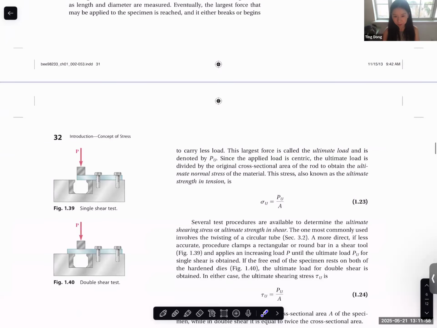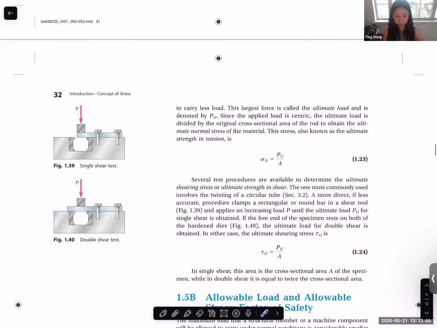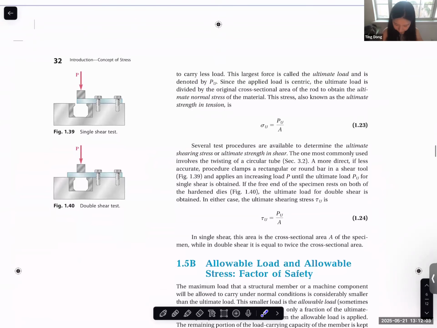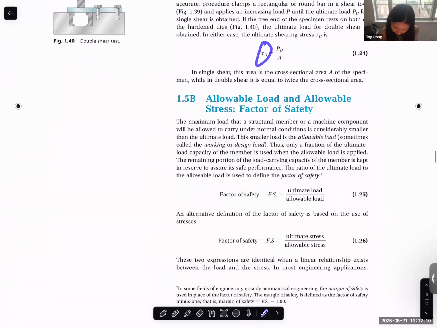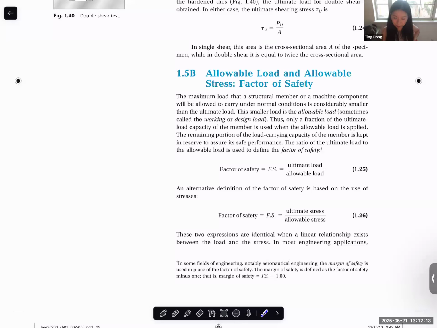I can show you here. Okay, this is stress. For the safety factor, the first definition is based on the force applied, the ultimate load applied, and the allowable load. Then they say an alternative definition of safety factor is based on stress. So in this text, we consider both of them okay.